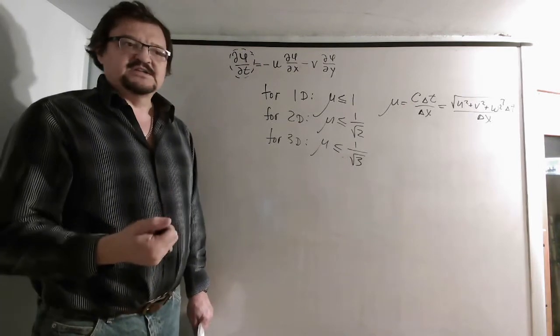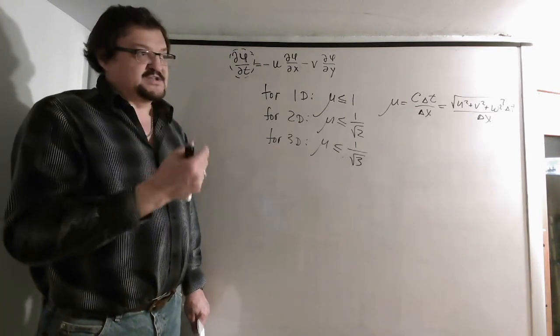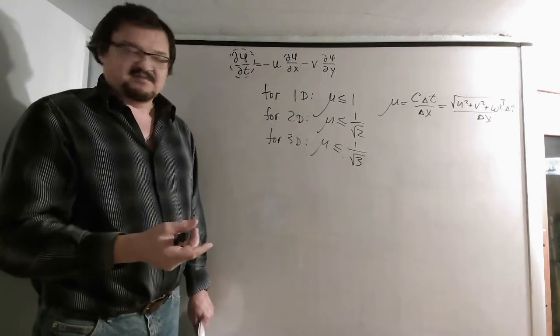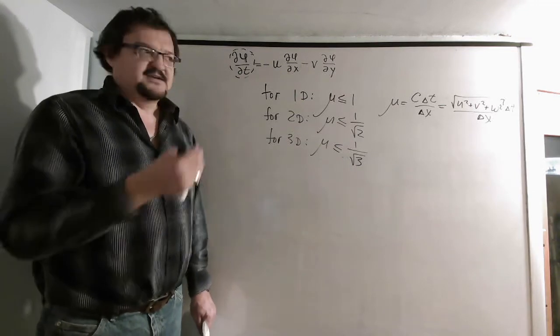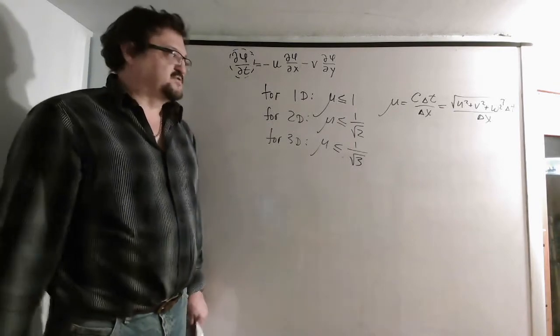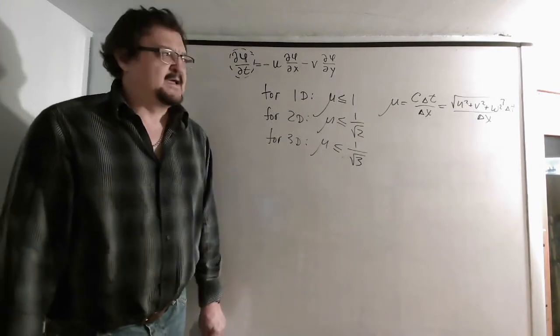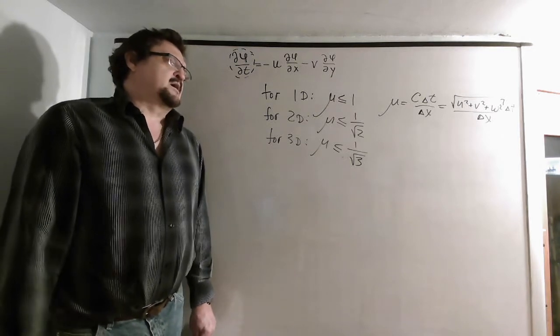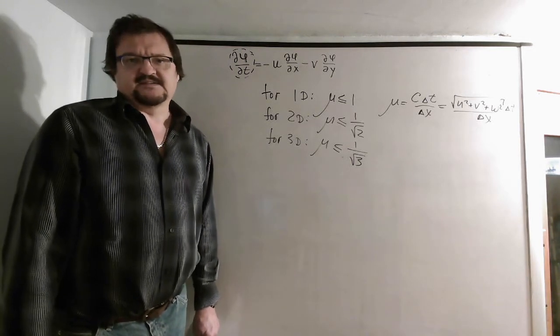Sometimes, because the model is not only your advection algorithm, there are other things that can dampen your solution and help with stability, like a subgrid scale diffusion scheme, which can help a little bit. So you need to always test it.